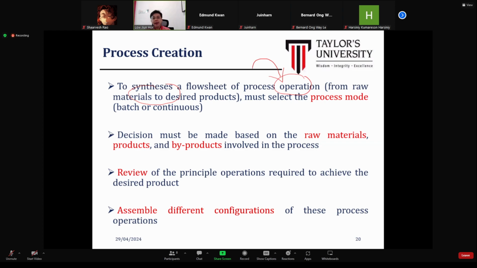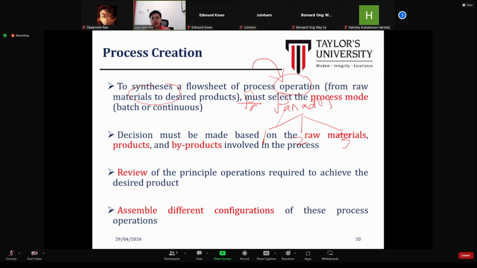And some more, if now you want to produce Panadol, let's say there are 3 different processes or technologies that can be applied to produce Panadol: 1, 2, and 3.